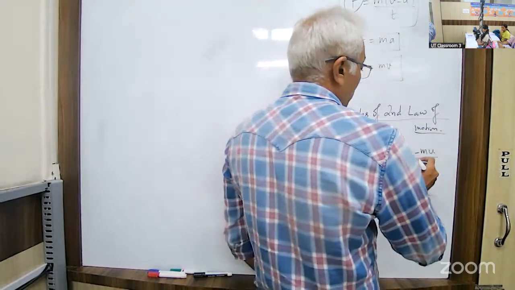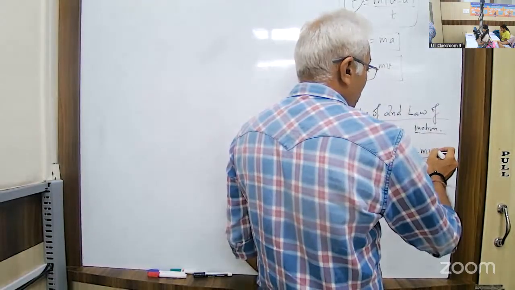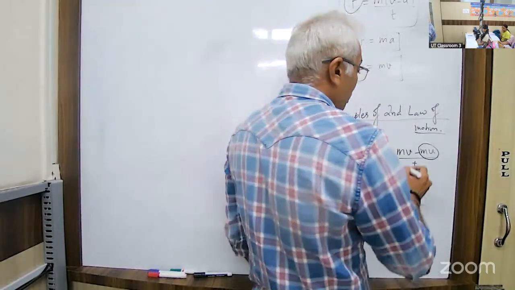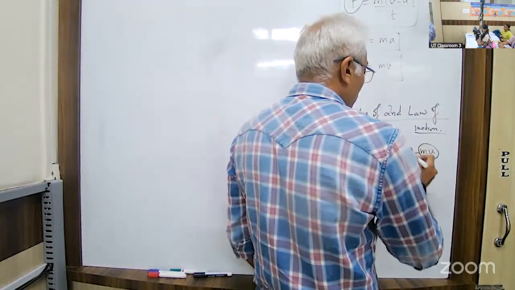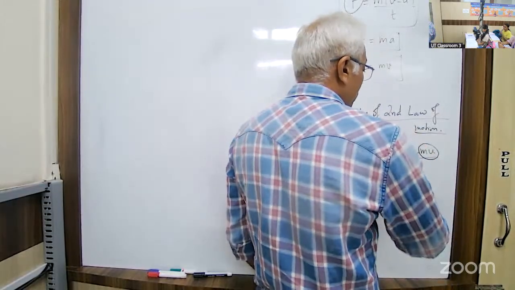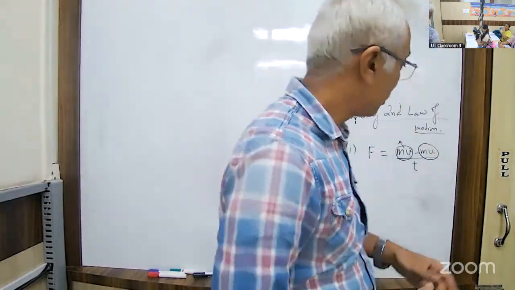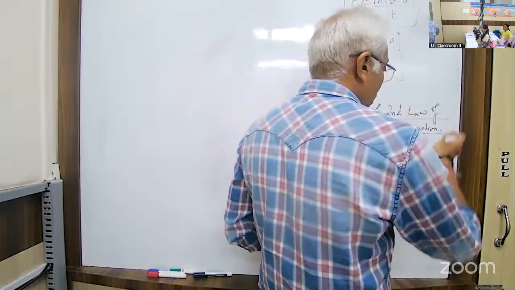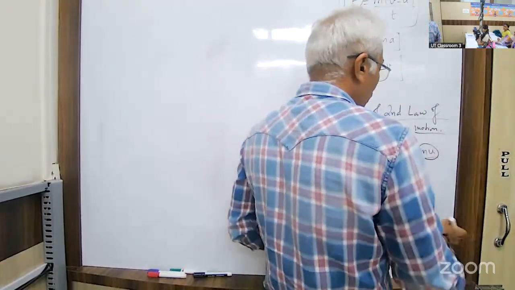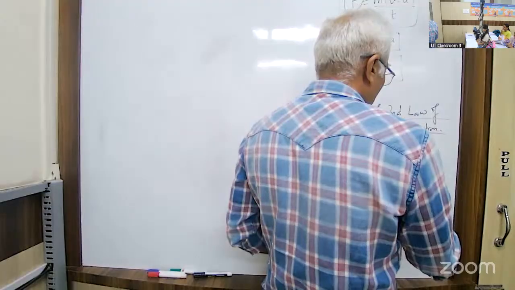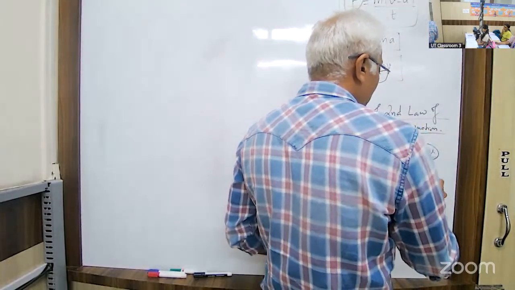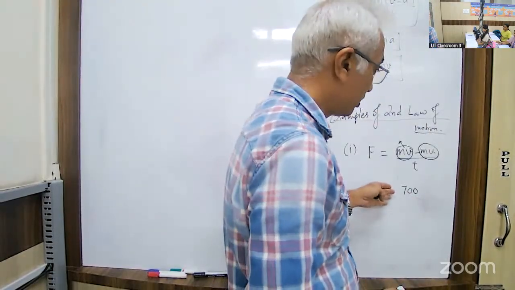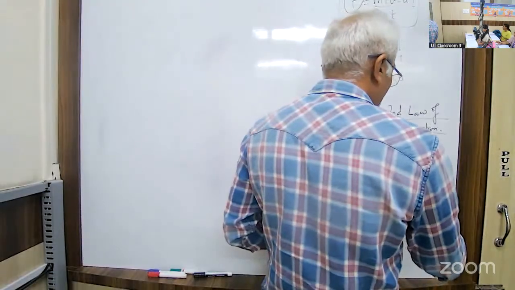So it is the rate of change of momentum. Initially I will have some initial momentum. Then finally this becomes zero because final velocity on landing will be zero. Let us say I am 70 kgs and I drop, and it took me 1 second. So I fell with 700 kg meter per second. That is my initial momentum.